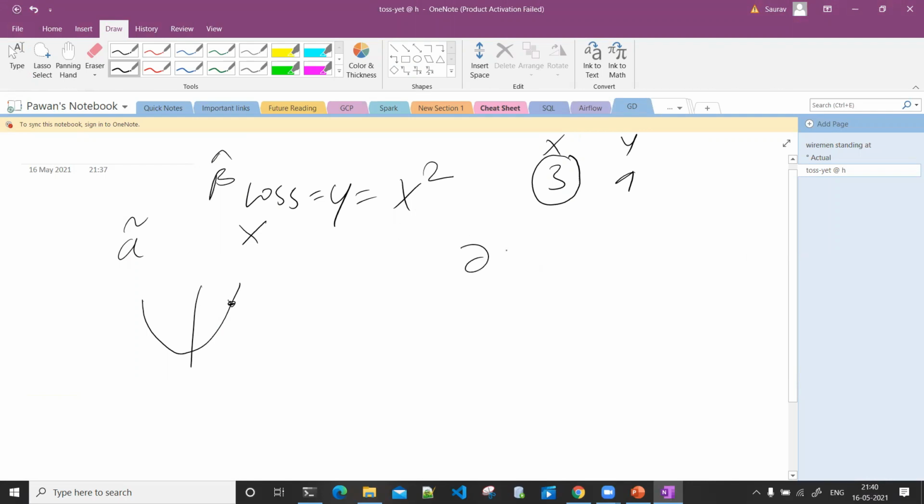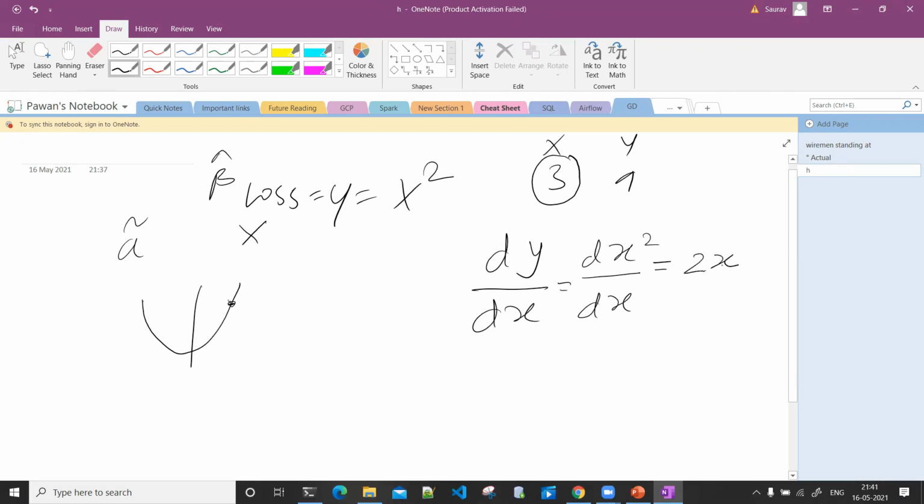We have to calculate the gradient, or you can say slope, and we do this by dy over dx. Here y equals x square, and we have to differentiate it with respect to x. So we are going to get 2x.